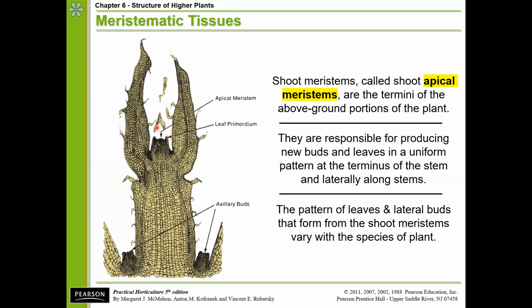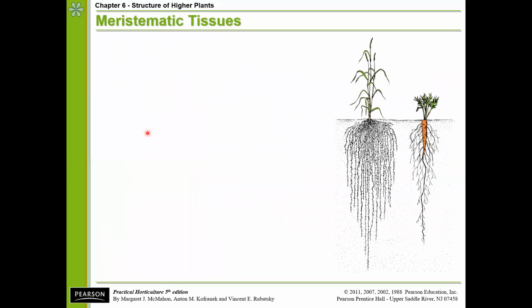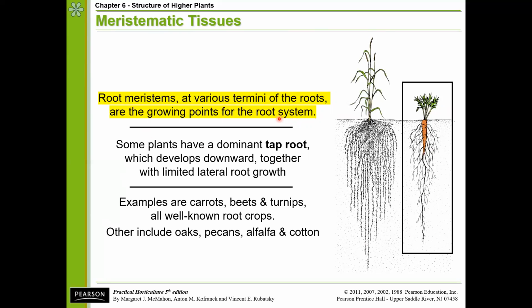And this apical meristem is where the plant stores a lot of its hormones, which are basically signaling different tissues to differentiate into different things, telling the cells what to do, whether they're supposed to produce roots or produce shoots. At the other end, we've got the root meristems, which are going to be really at the terminus of each root, the growing points of the root system.